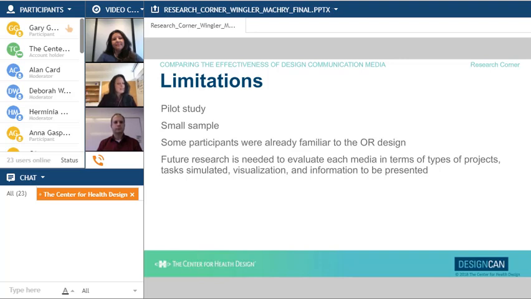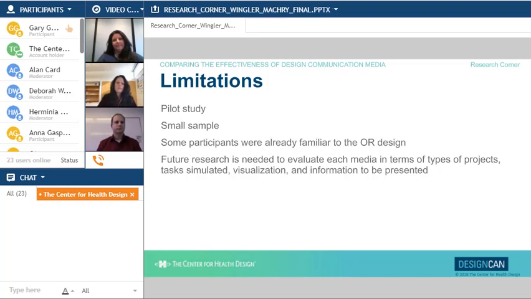Another limitation that I think is important to note is that a few of our participants had already seen the OR design, either in floor plan or perspective form. And so they may have already had a predisposition to how they were viewing it.